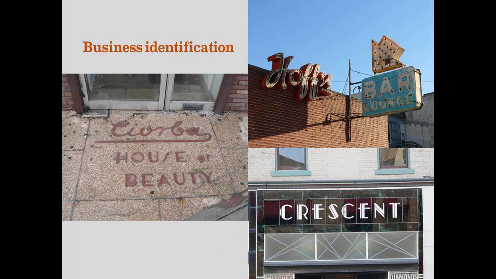Again, businesses were trying to either identify themselves on the street or constantly remind us of where we are. So even as you entered establishments, the businesses were given an opportunity to present further identification in front of you, as this terrazzo floor of the Chorba House of Beauty in Chicago demonstrates.